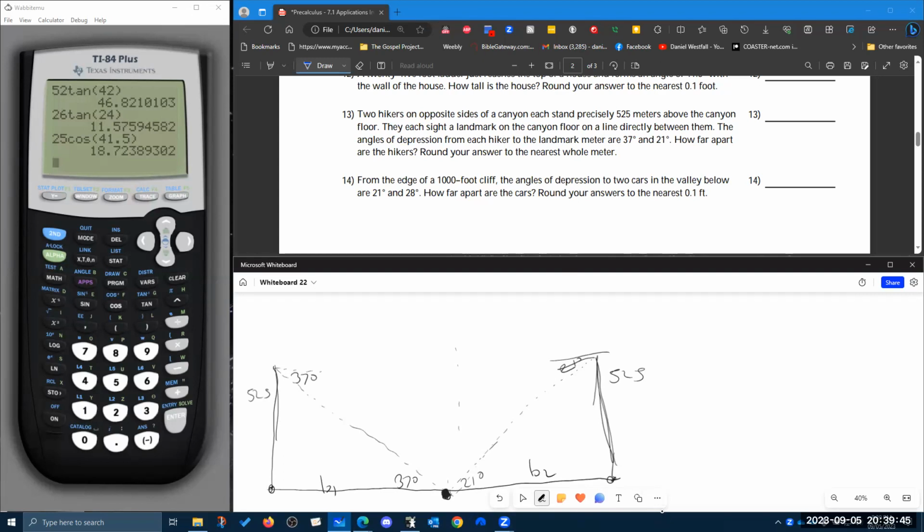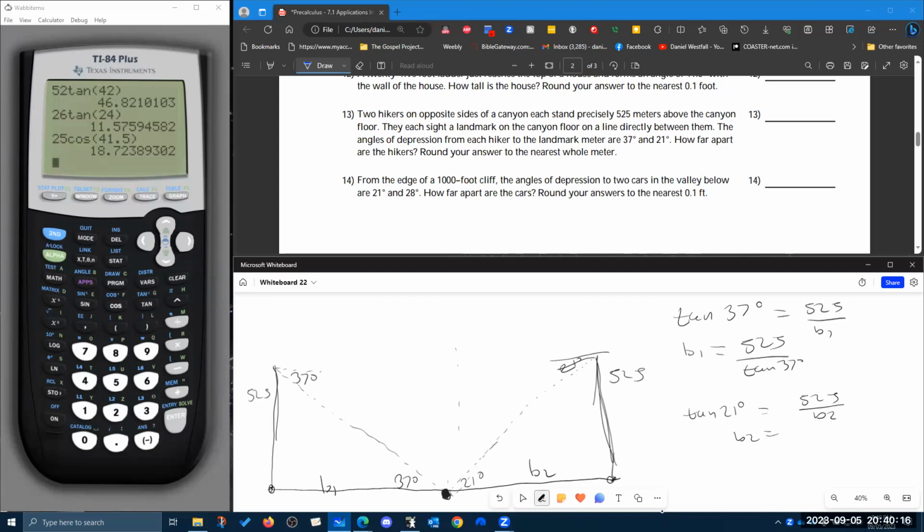So the tangent of 37 degrees is equal to 525 over B1. So B1 is 525 over tan 37. Tan 21 is equal to 525 over B2.